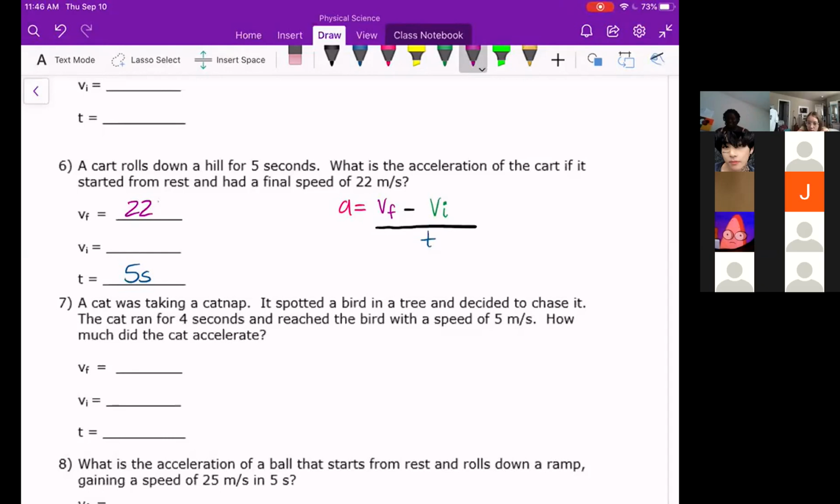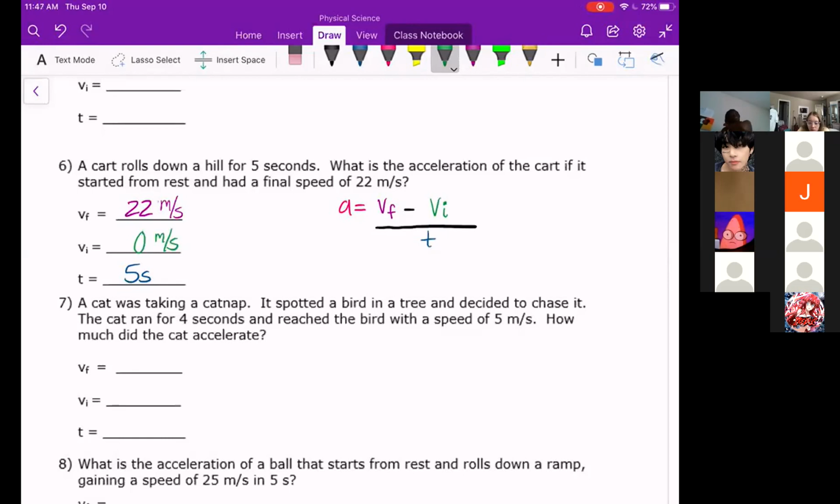So you know what VI is? What number did you get for it? I couldn't really solve this problem because I don't know how to solve it. Okay. Jordan, what number did you get? I got 0. 0 for VI. Very good. 0 for VI, 0 meters per second.